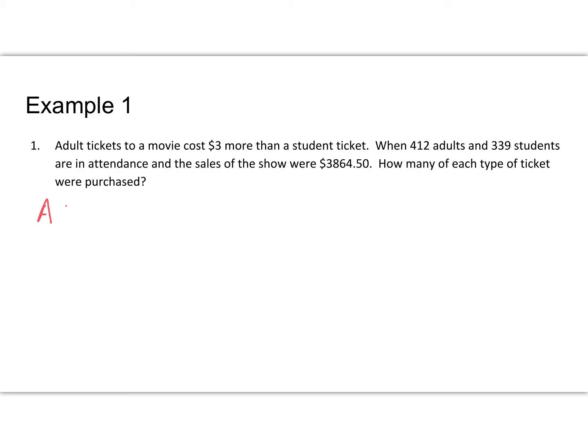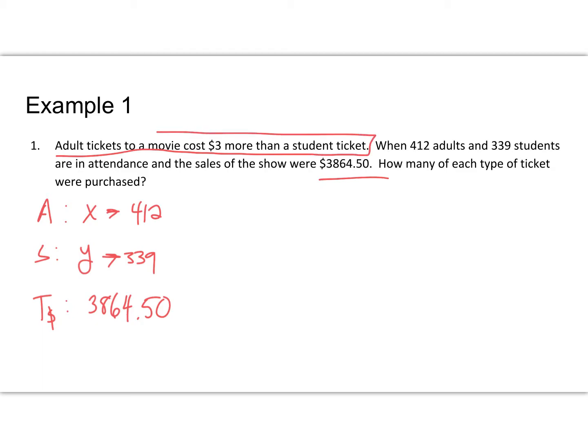We'll make the adults equivalent to X. We'll make the students equivalent to Y. Now I know, given the information, there are 412 adults and 339 students, and there's total money involved of $3,864.50. But one of the key features we have to worry about is this. This is going to set up our second equation.